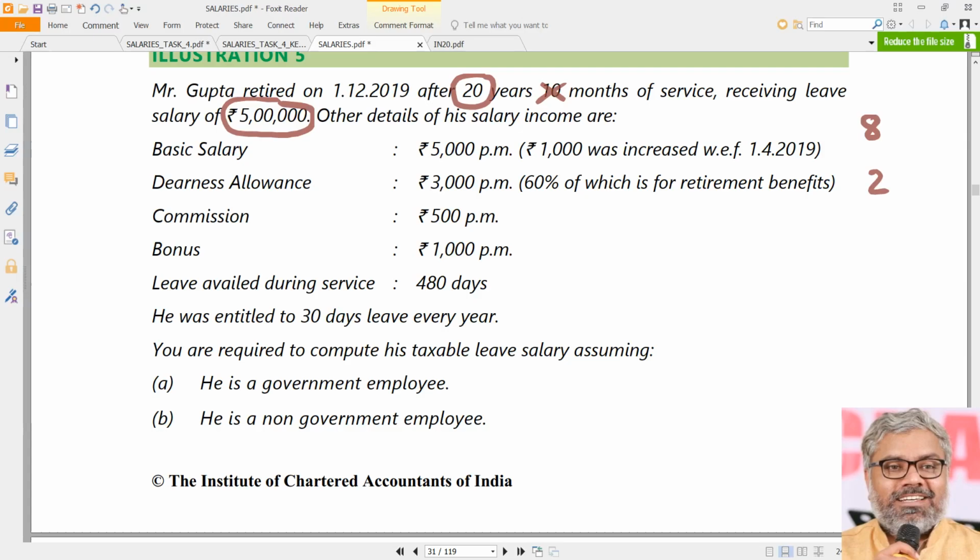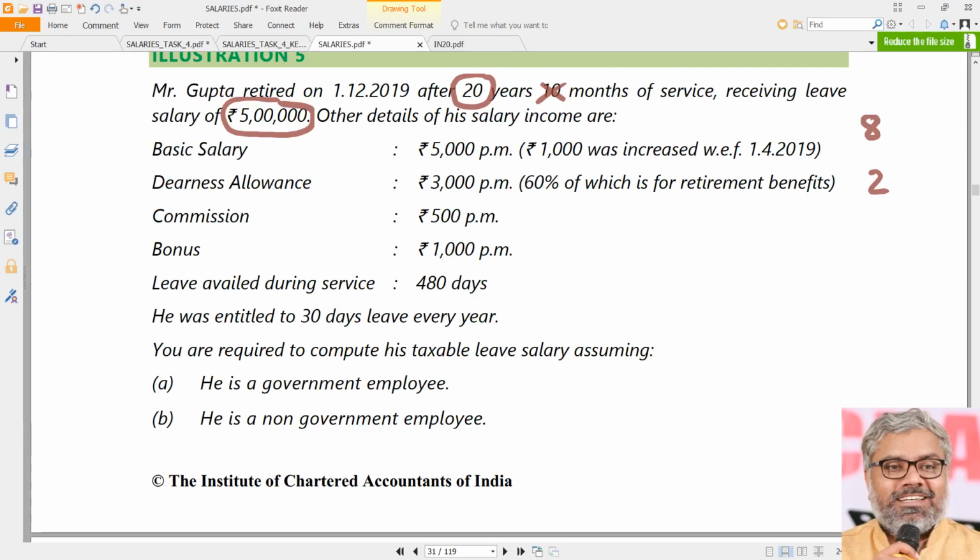Here one more point comes. He has been given 5,000 per month basic salary, and 1,000 was increased with effect from 1/4/2019. A question always remains: is this 5,000 inclusive of the 1,000, or is this before the increment and after that it becomes 6,000? That is an interpretation issue. The wording says 1,000 was increased. Normally, basic salary is 5,000 per month, out of which 1,000 was increased with effect from 1/4/2019.